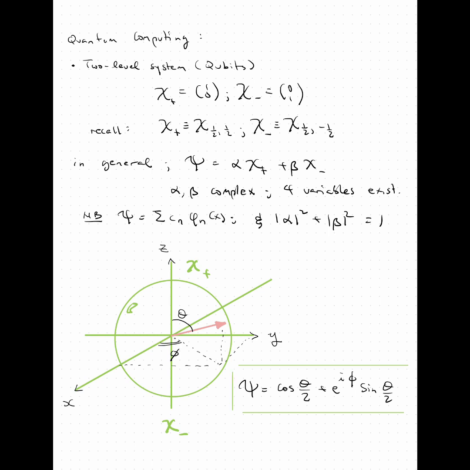And we can also write this in matrix notation, where the column vectors are just the up and down states, chi plus and chi minus.